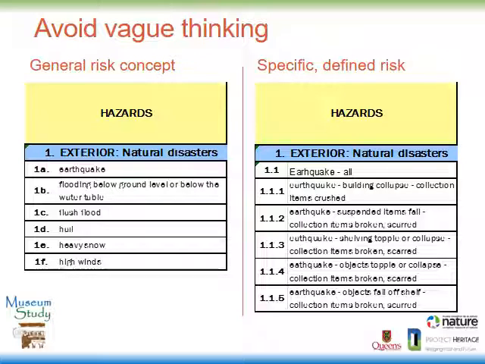So earthquake leading to building collapse, leading to collection items being crushed, or earthquake leading to suspended items falling, like light fixtures or sprinkler systems or whatever's suspended from the ceiling but perhaps not held well enough to withstand an earthquake. And that could result in collection items being broken or scarred, and so on.